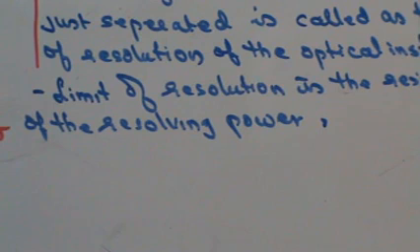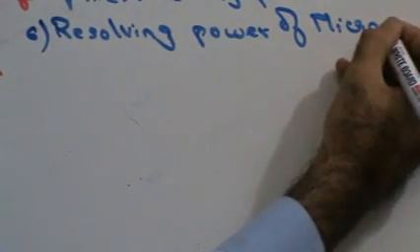Now that we know what is resolving power and limit of resolution, let us try to define the resolving power of a microscope. We have already said that the resolving power of an instrument is the ability of the optical instrument to produce two separate images of two objects lying close to each other.